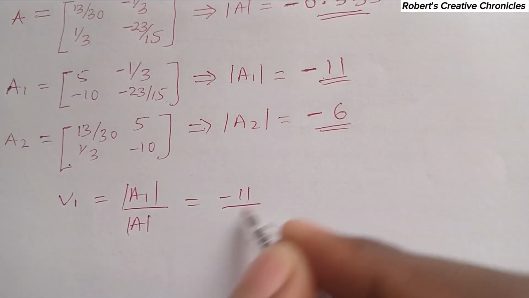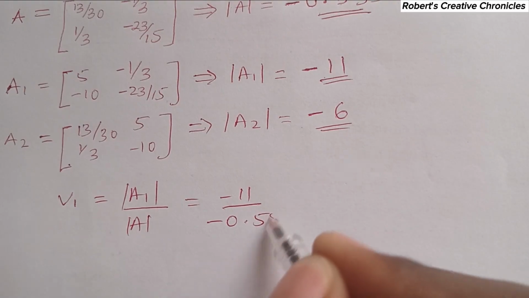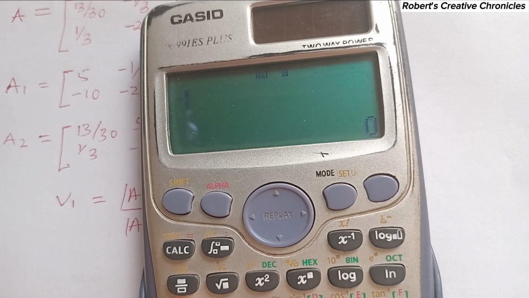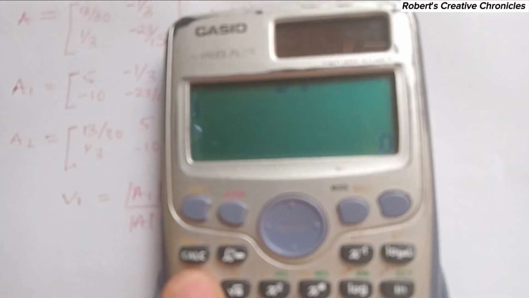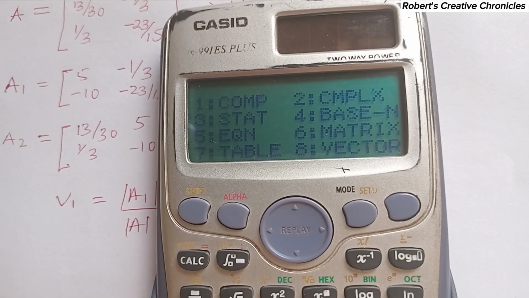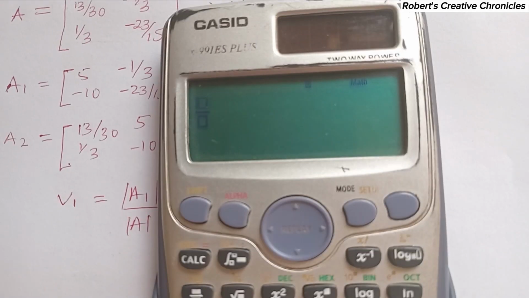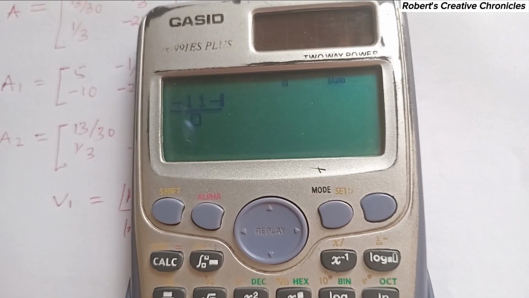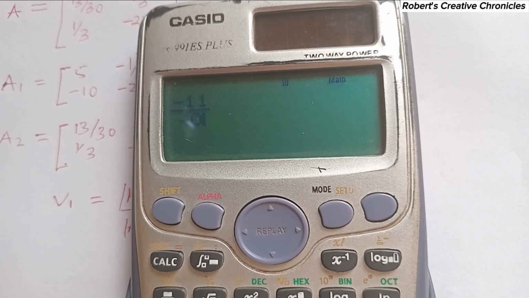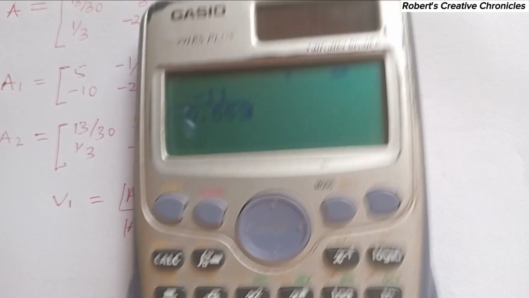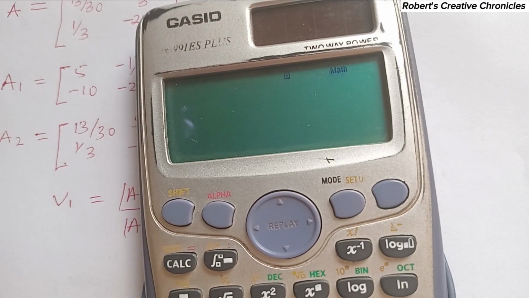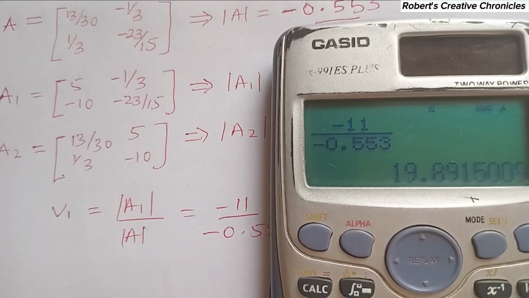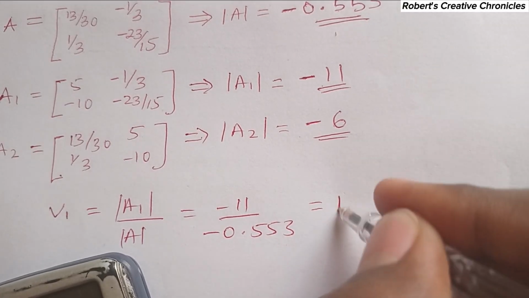So it's negative 11 over negative 0.553. So it's 19.89 volts.